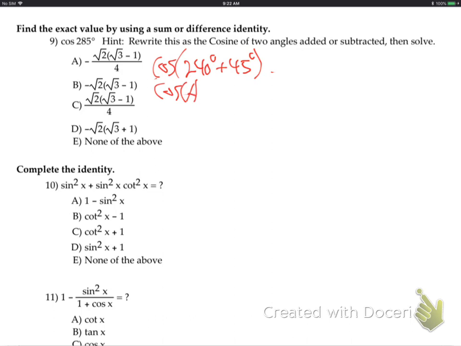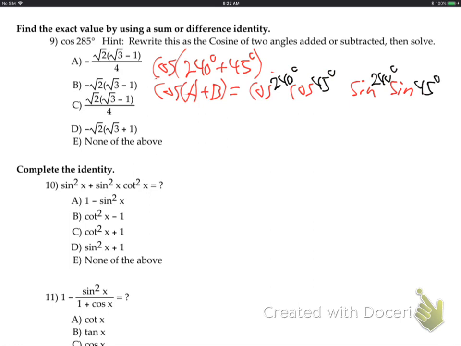What was it? Cosine of A plus B is cosine, which you'll have on your full sheet of notes, right? Cosine, cosine, sine, sine. And so you put them in order: 240, 45, 240, 45. Remember that? A, B, A, B. Is it added? Cosine is not your friend. That's how my buddy used to say it, that I went to junior college and transferred to Cal Poly with.